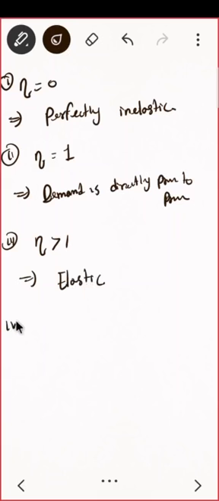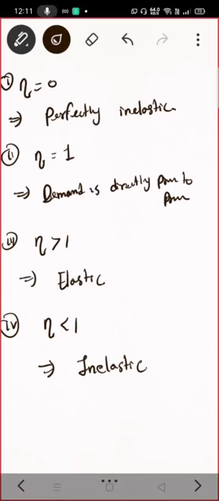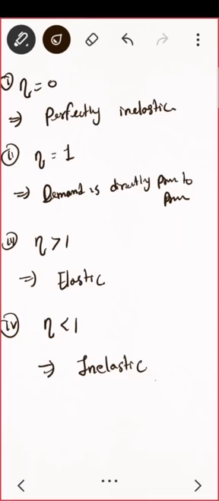And the fourth one is if your nu is less than 1, then it is called inelastic. So you need to remember these 4 words. These are important. Later on we'll be seeing that. We have time. I just have to give one more thing, and then we will be done with the theory part.